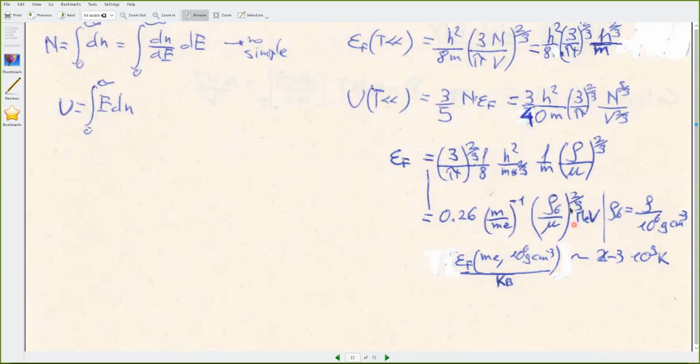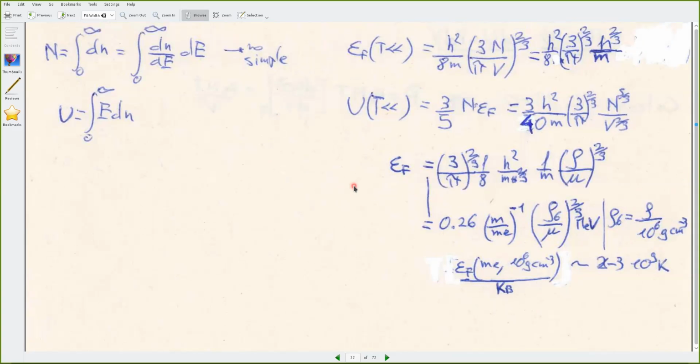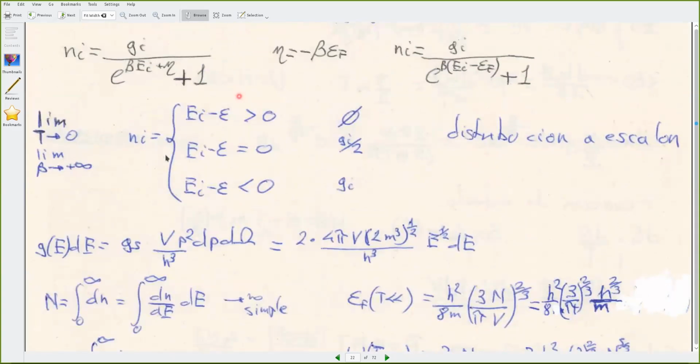And you see, for example, if you are considering electrons with exactly this density, because usually a gas starts to have degeneracy effects when we see that the states start to be filled, and you start to see this characteristic of the Fermi-Dirac distribution.